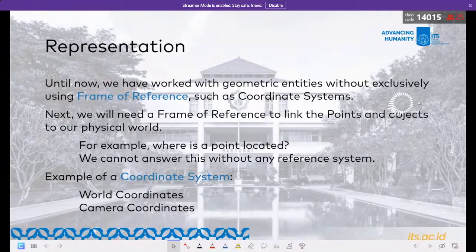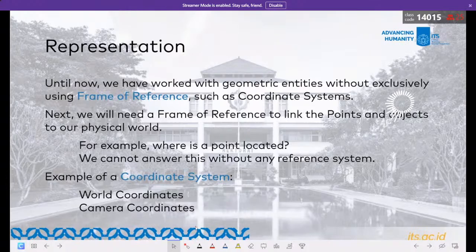We so far only use the coordinate system. The difference between frame and coordinate system is just like the affine space and the vector space. A frame of reference or frame requires origin. Coordinate system does not.